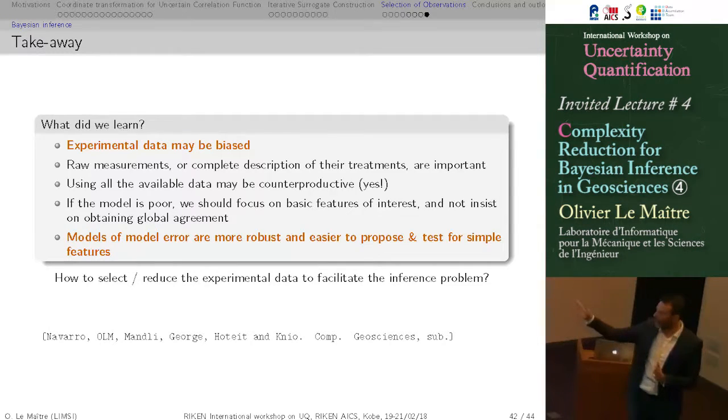Second, using all the available data may be counterproductive. That is very counterintuitive. Okay, but here, yes, I think that because anyway the model is poor and it's not able to represent the actual process that is measured, I think it doesn't make sense to try to fit everything, but you should really focus on some important features.